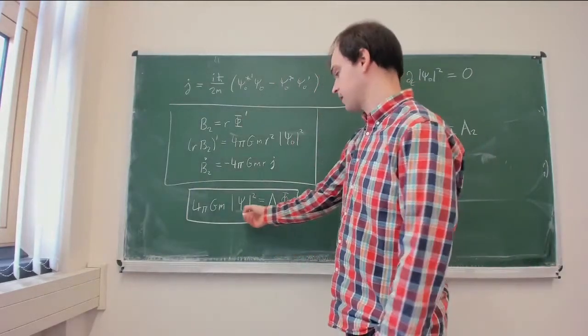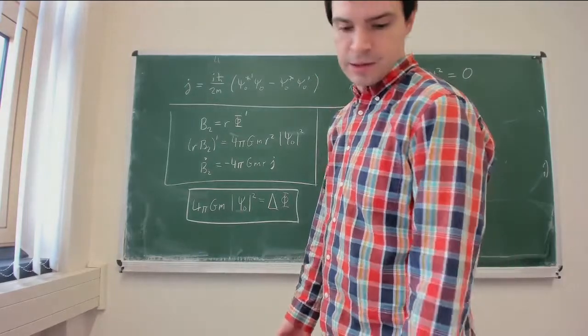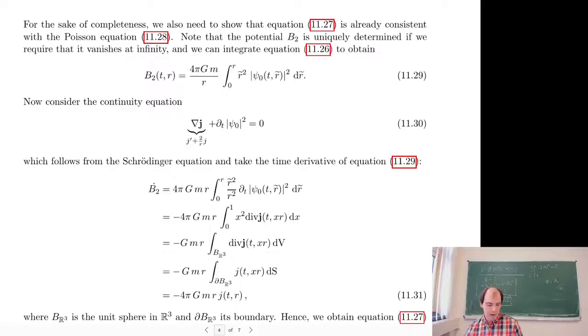So we find that the absolute value of psi 0 squared solves the Poisson equation. And now we have one equation left, this here with B2 dot.